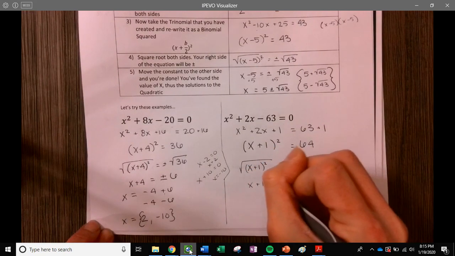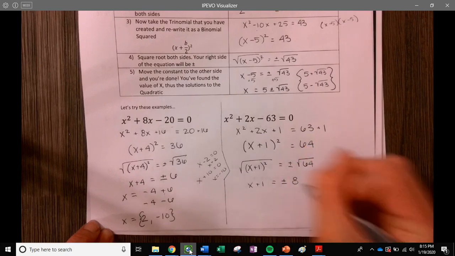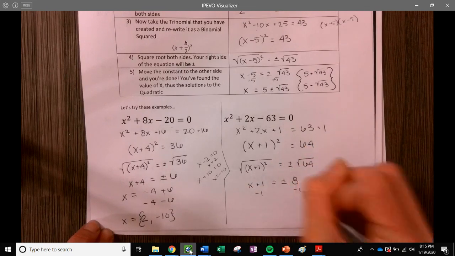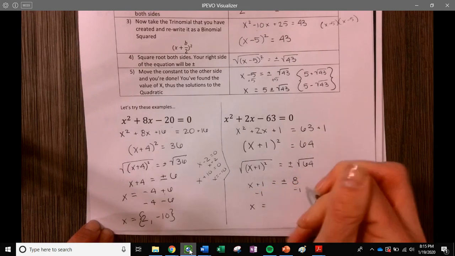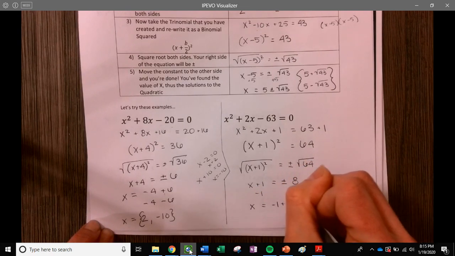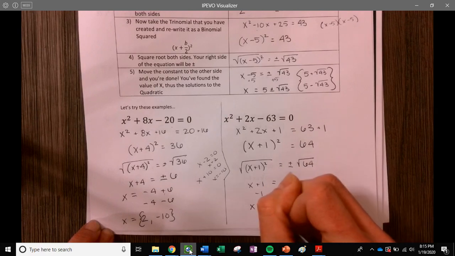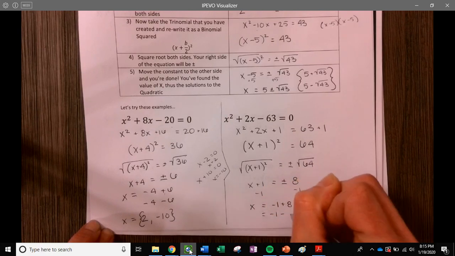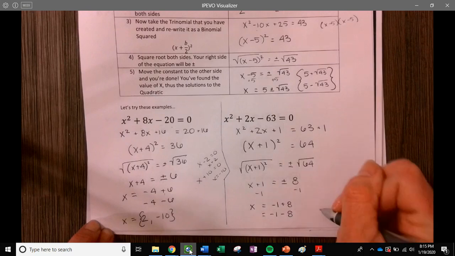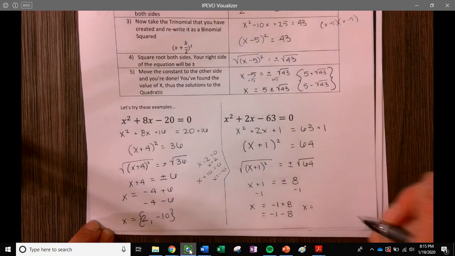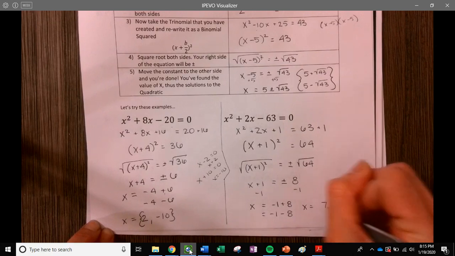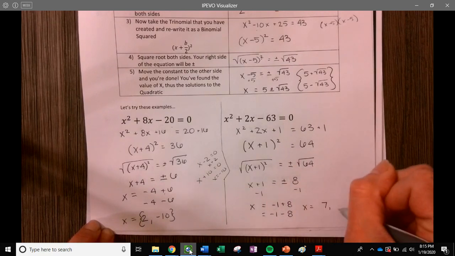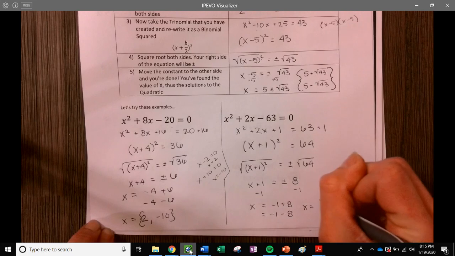X plus 1 equals positive or negative 8. I'm going to get rid of this 1, which means I've got x equals negative 1 plus 8 and negative 1 minus 8. So my solutions: negative 1 plus 8 is 7. Negative 1 minus 8, negative 9.